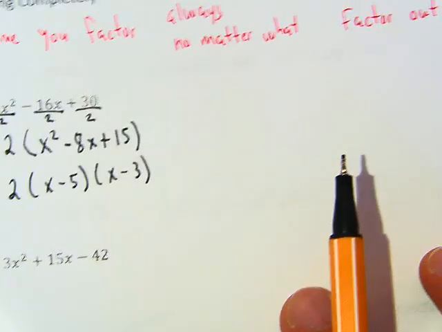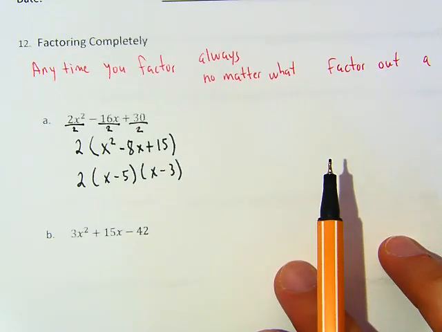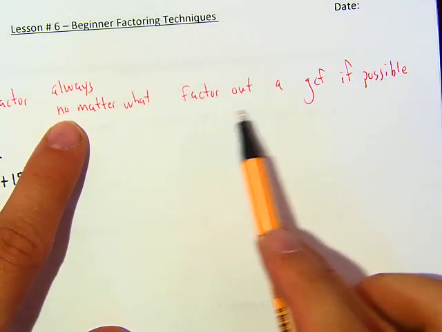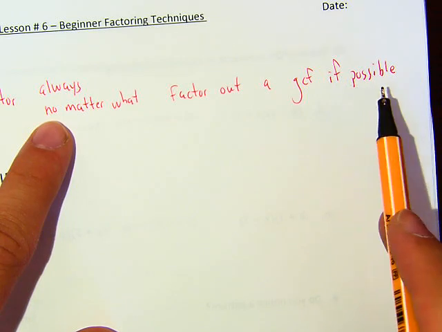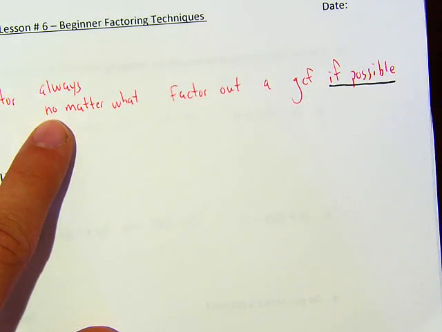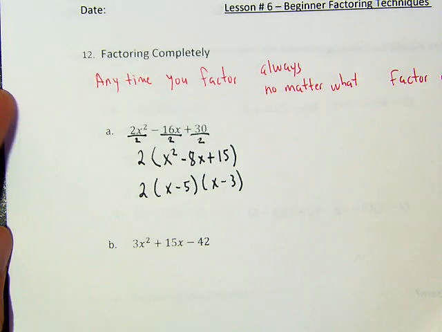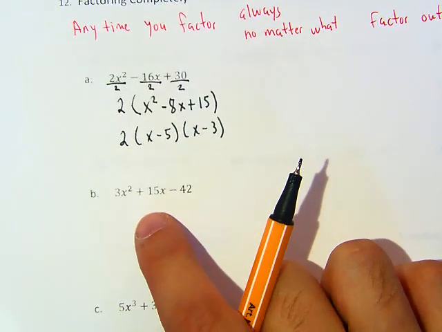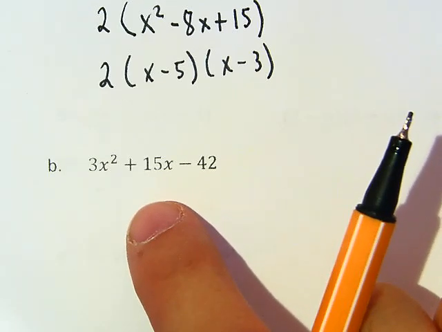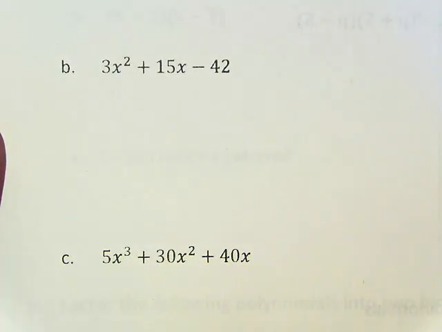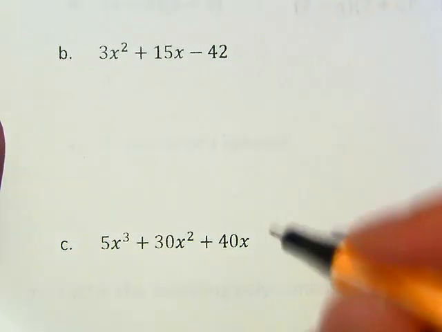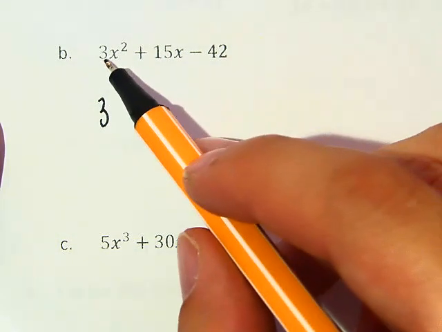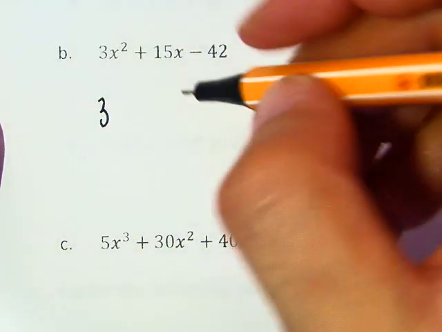Remember, this rule will always happen when it comes to factoring. Anytime you factor, you always, no matter what, factor out a greatest common factor if possible. Sometimes it's not possible, okay? So here, is it possible to factor out something here? Try and do this one by yourself, okay? So let's see. What can I factor out of this one? I could factor out a 3, because 3 is the greatest common factor of 3, 15, and 42.